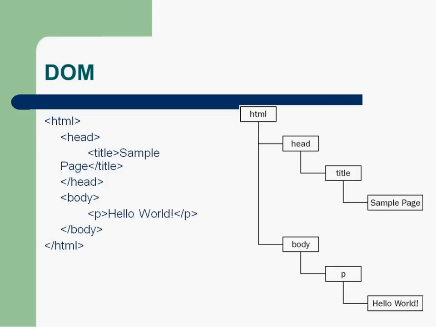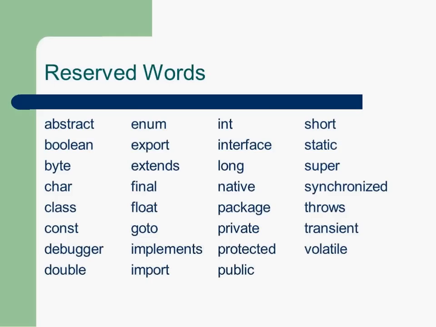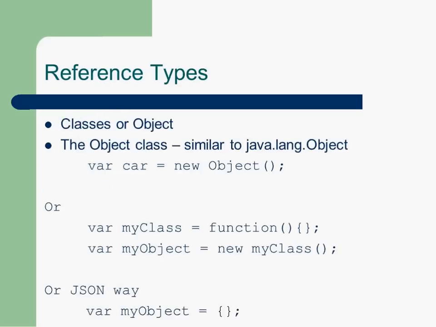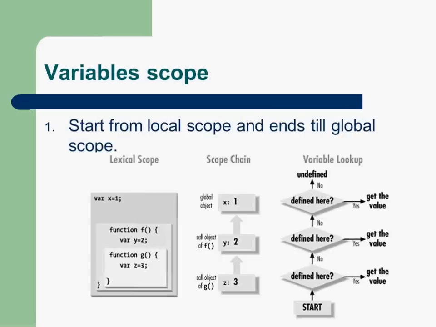It's like an XML tree kind of thing where everything is organized. And you can access, for example, some element from JavaScript. How do you do that? That is the DOM API. You can get a reference to that DOM element and then change its property, or you can delete that element, or add elements below it. So all that is called the DOM API.